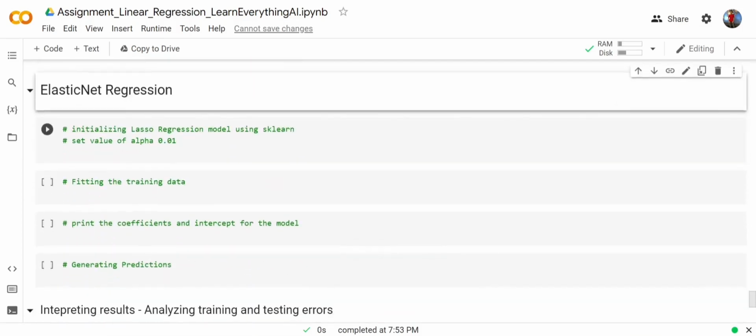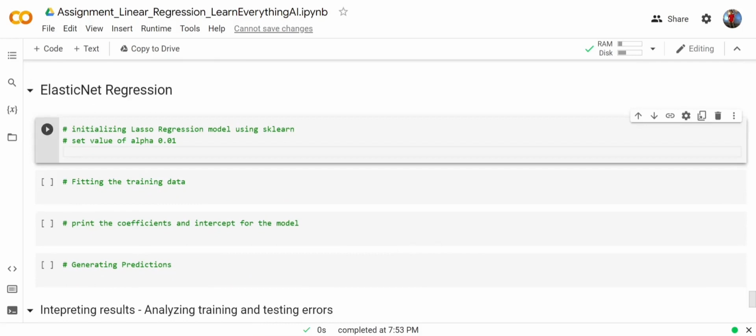Now we are going to talk about another model, the elastic net regression, which is another type of regularization technique, and we again have to follow the same process.